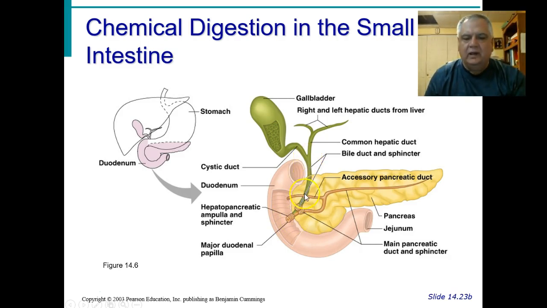Bile is going to enter the small intestine at the same point, as it's produced by the liver, or stored bile released from the gallbladder via the common bile duct right here, and eventually in at the ampulla of Vater.